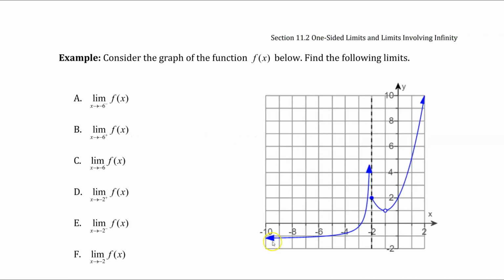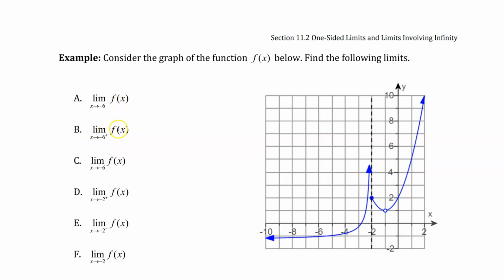To illustrate this, we consider the graph of the function f of x here and examine whether the limit of the function as x approaches negative 6 exists. In order to do that, we will first examine whether the limit as x approaches negative 6 from the left exists, and also evaluate the limit as x approaches negative 6 from the right.